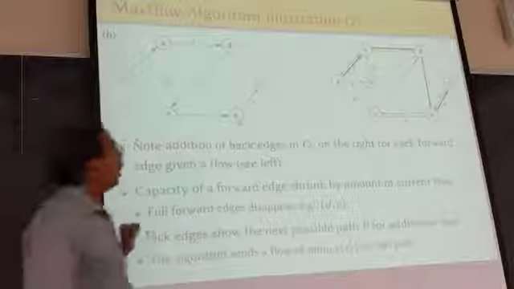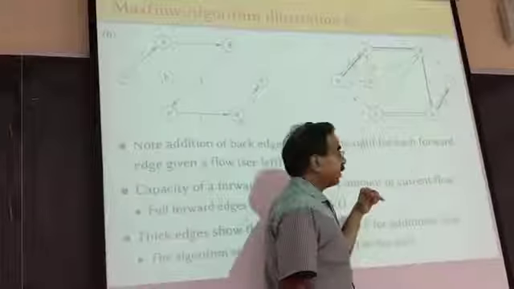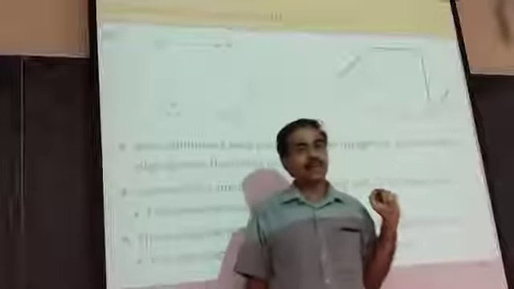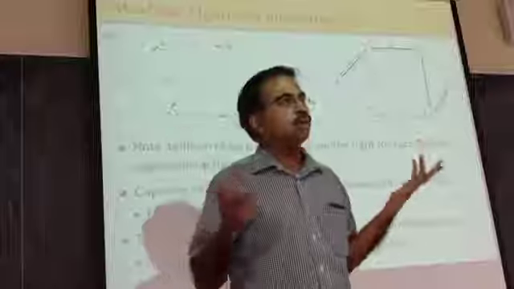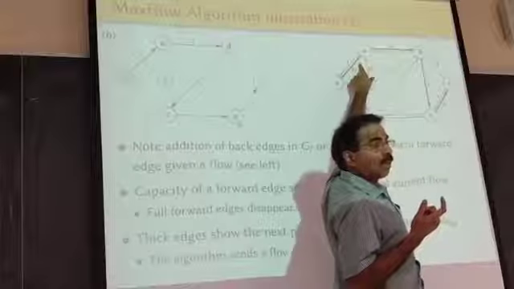This thick edge used to be 3, because you used up one of the capacity, what is left is 2. So you can push 2 more. You can also see that there is an edge in the opposite direction. And what it says is that if later on you change your mind, you could basically cancel the flow that's going through here.